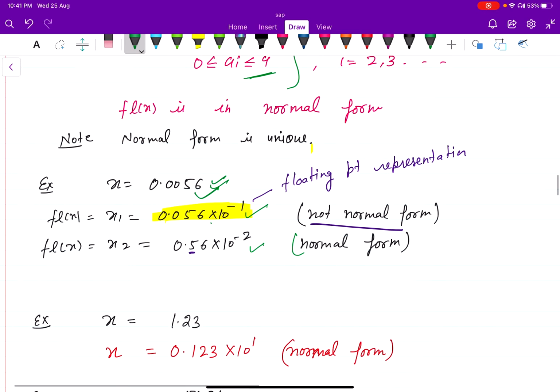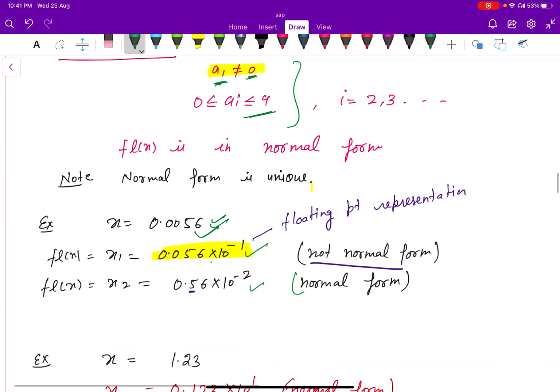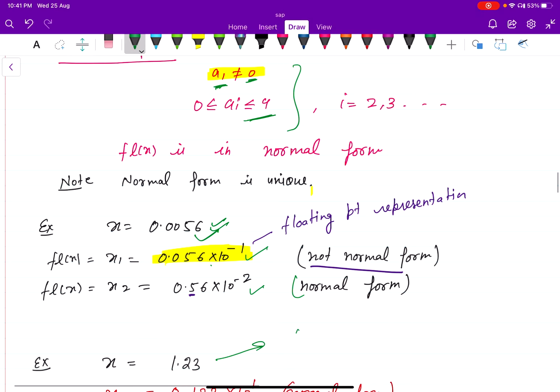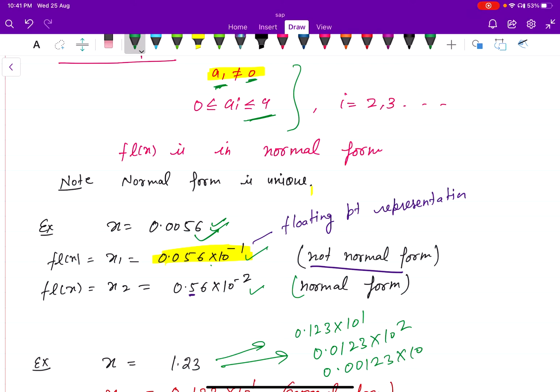Suppose we have a number x equal to 1.23, then this number can be expressed as 0.123 into 10 to the power 1, 0.0123 into 10 to the power 2, 0.00123 into 10 to the power 3, like that.